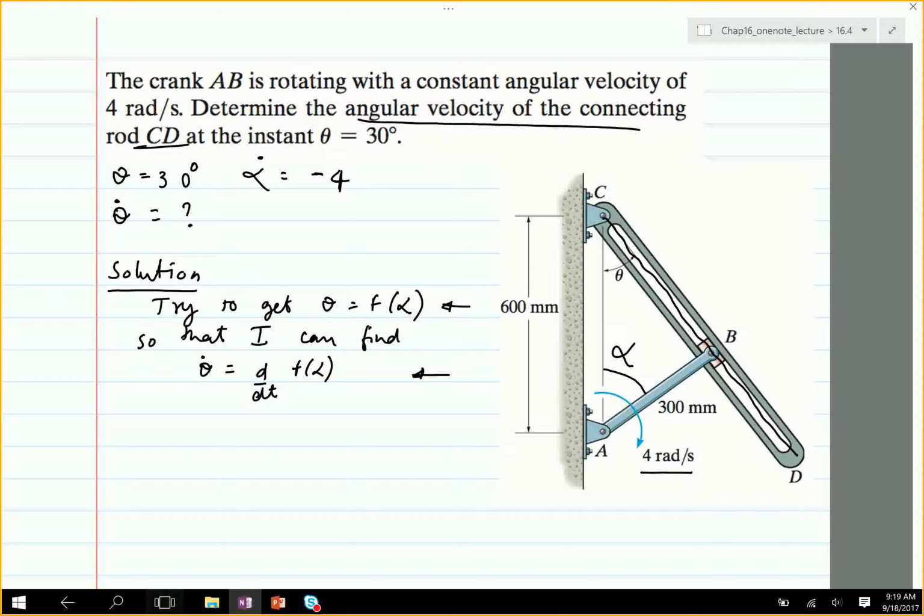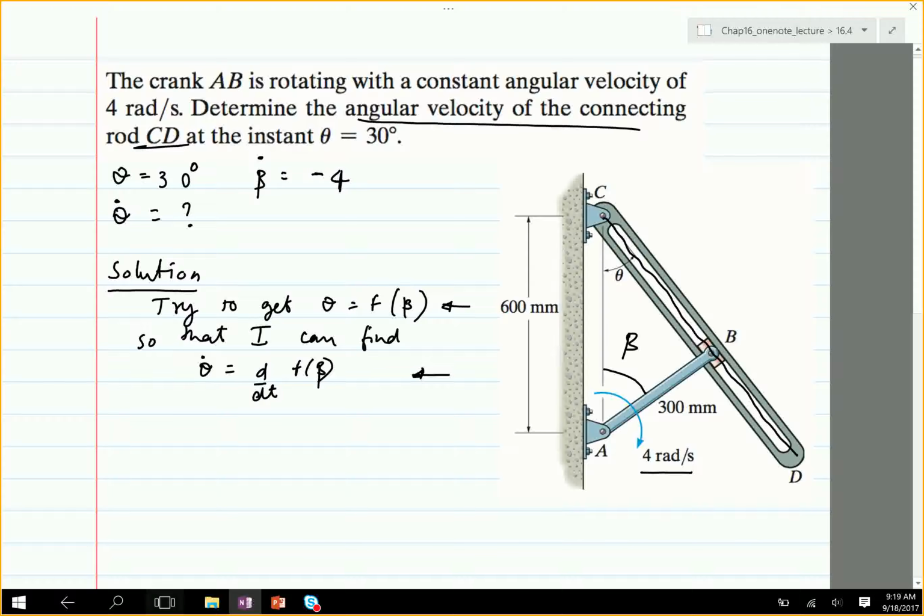This is just a notation. Alpha is an angle, and I use that. But if you think that's confusing, let me make it easier. Let me call this beta. Sorry about that, this is bad use of notation. So how do I find a relation between theta and beta?